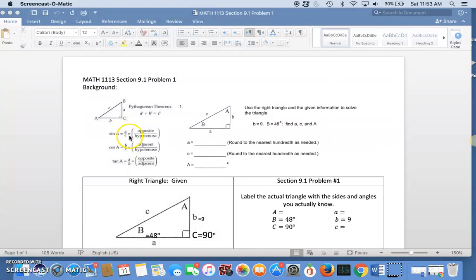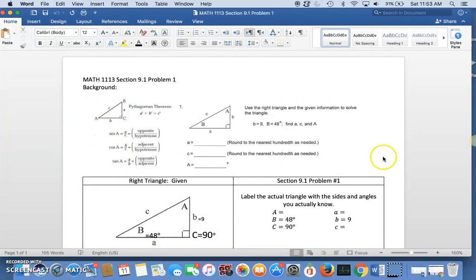Sine of A is A to C, cosine of A is B to C, and tangent is A to B. If you've got angle B, then sine would be B to C, cosine would be A to C, and tangent B to A. They can flip all the way around. Just be sure you use whichever, whether you're using angle A or angle B. Angle C, of course, is your 90 degrees, and you won't really be using it for this trig part.